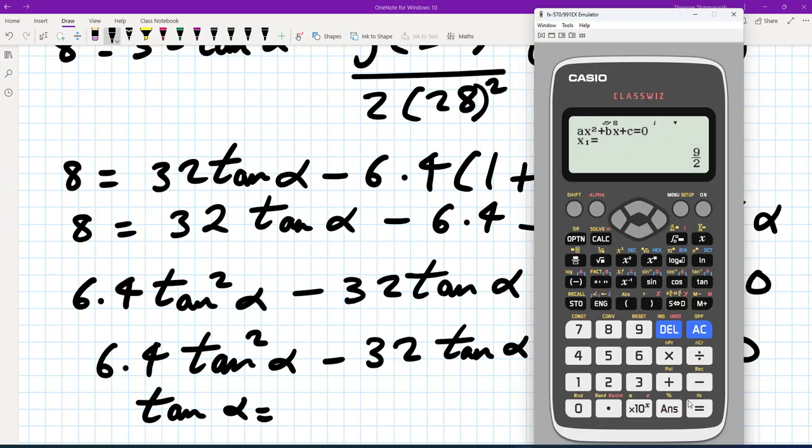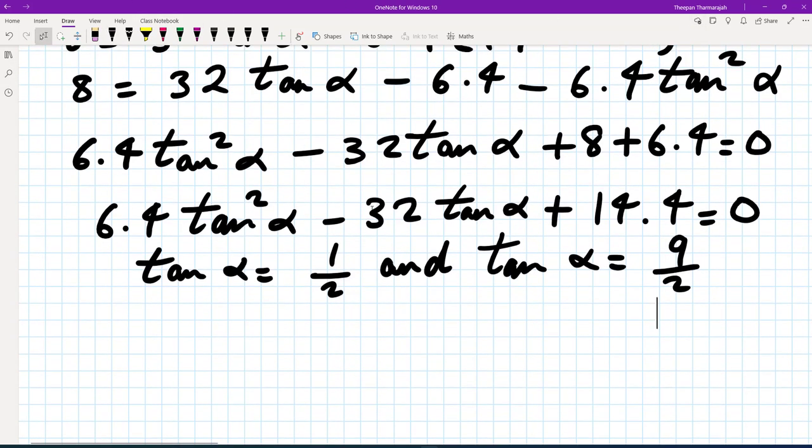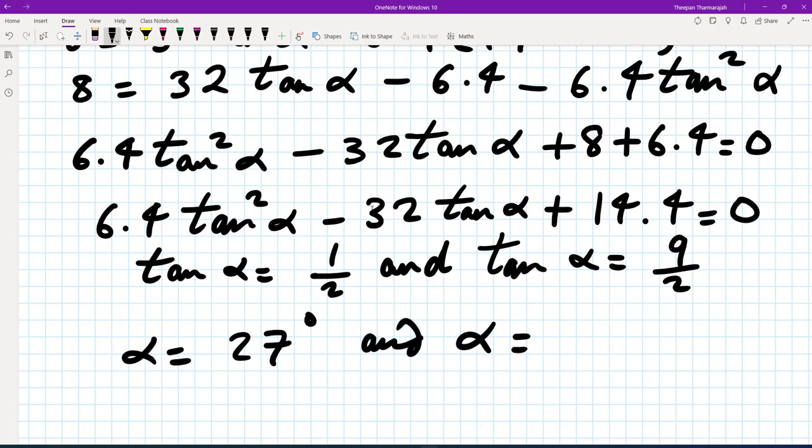Let's do it in order of magnitude: tan alpha is a half, and tan alpha is 9/2. If we do tan inverse, or arctan, of both of those values, we get that, to the nearest degree, alpha is 27 degrees, and alpha is 77 degrees to the nearest degree.